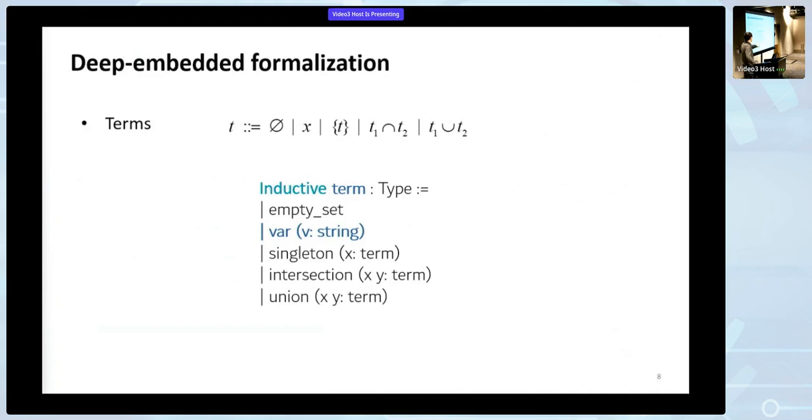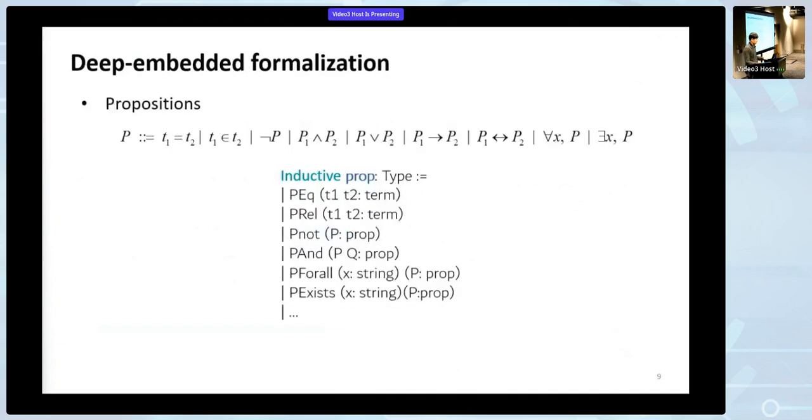So the whole term is formalized in a first order style. Then we can have the propositions. The two atomic cases are the equality relation and the set membership. And we have all of the normal logical connectives and the two quantifiers.